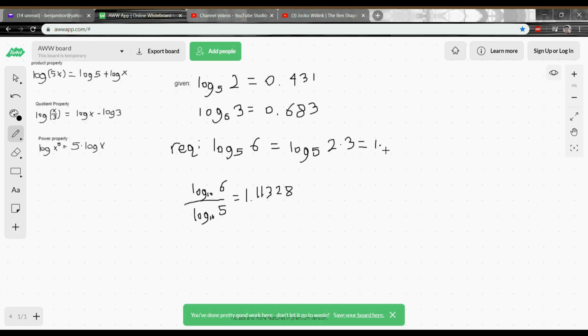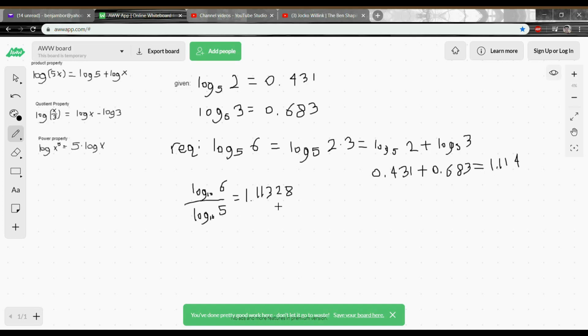So we can write this as log base 5 of 2 plus the log base 5 of 3. And we're given the values of log base 5 of 2 and log base 5 of 3, so we can plug those values in. This is going to be 0.431 plus 0.683.